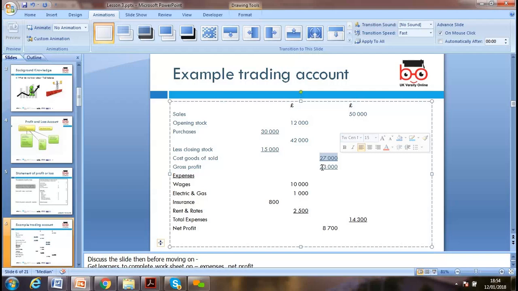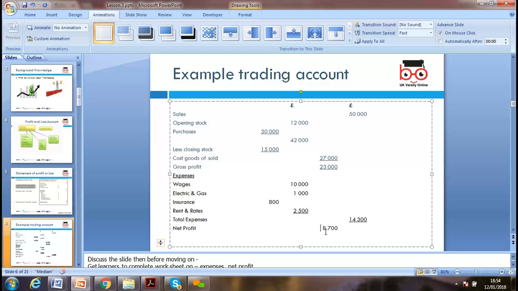Does it make sense? Yeah. Okay, then we minus all other expenses. I paid wages, electricity, insurance, rent, and that's my total expense. So gross profit minus total expense is now my net profit. On this net profit, I need to further pay tax. Then anything left will be mine.